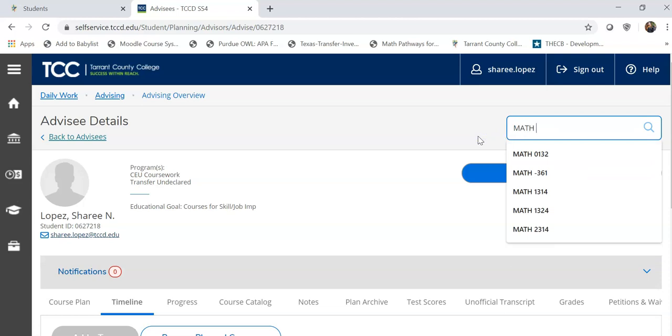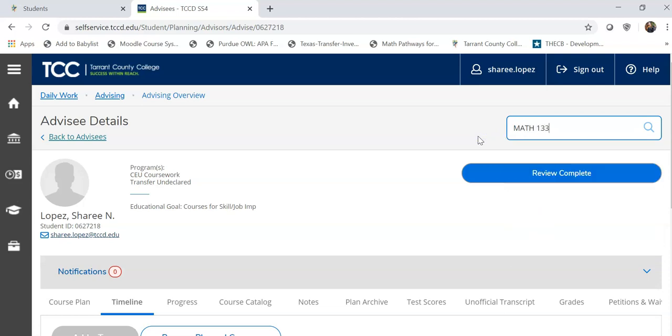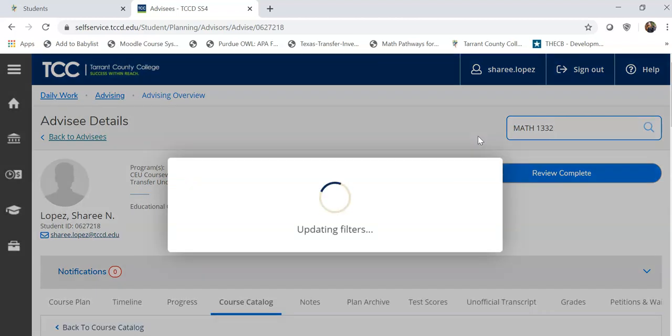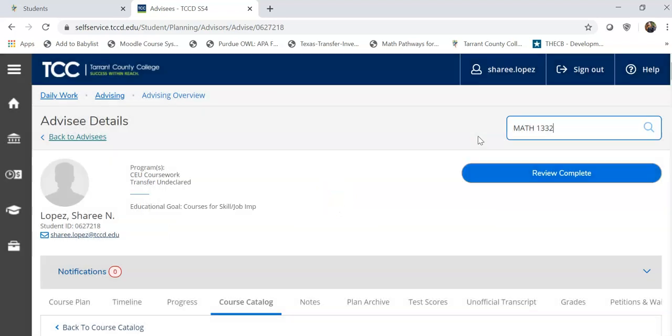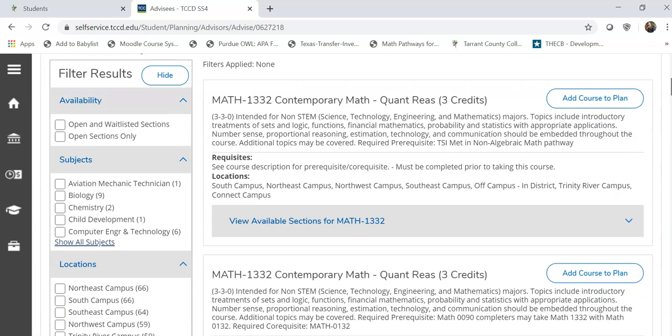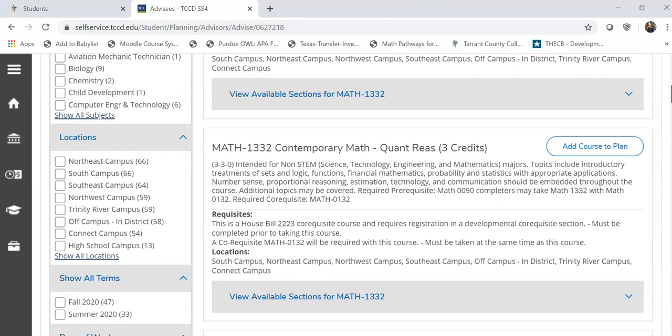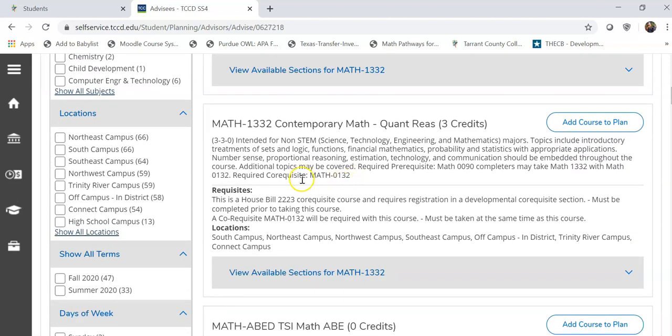So let's say you had to do math, and let's say you placed into math 1332. So math 1332 is contemporary math. And then down here you'll see with the co-requisites, it also requires math 0132.